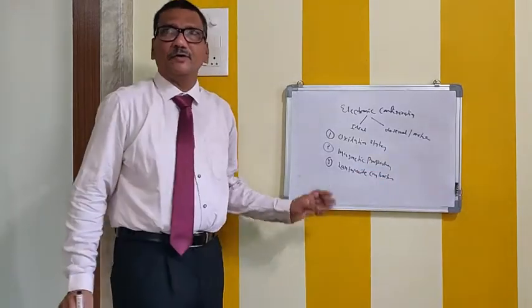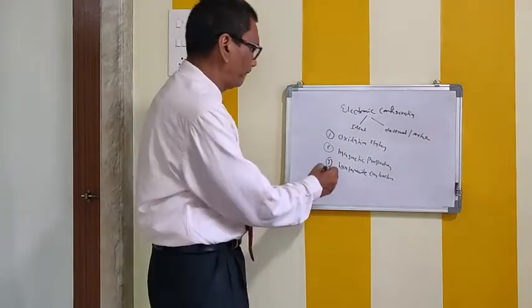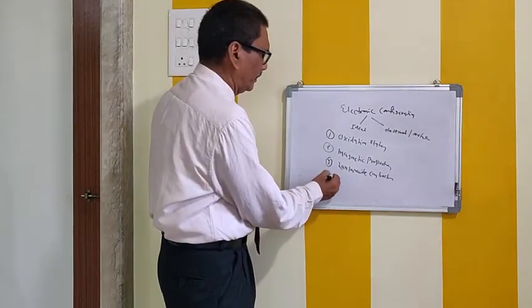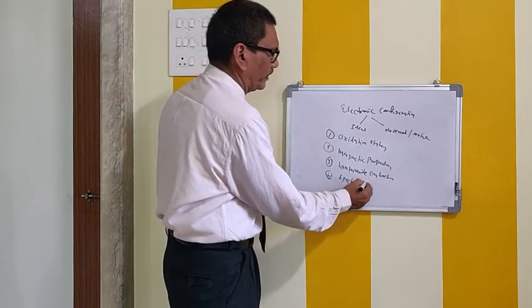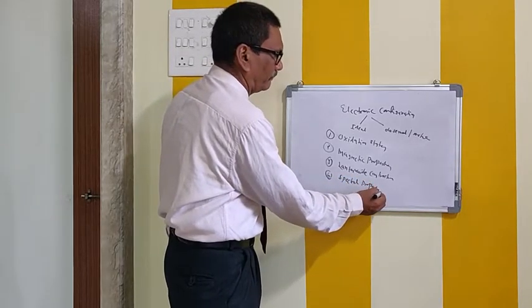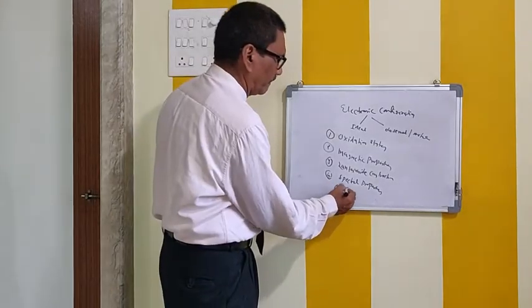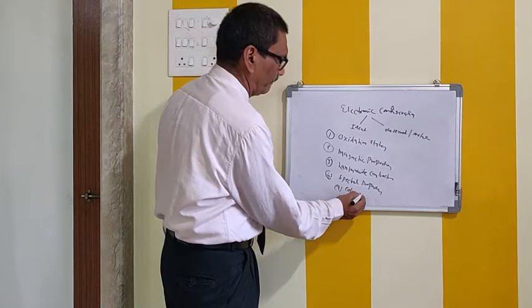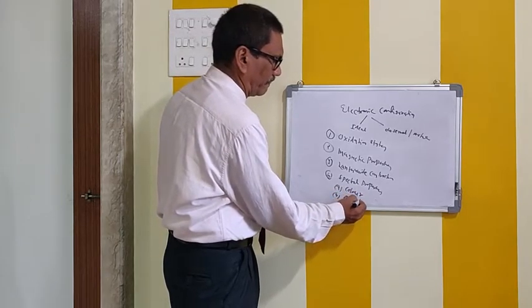Based upon the lanthanide contraction, we saw the consequences of the lanthanide contraction. After that we have studied the spectral properties. In spectral properties, first we have seen the color of the lanthanides, and then we have studied the absorption spectrum.